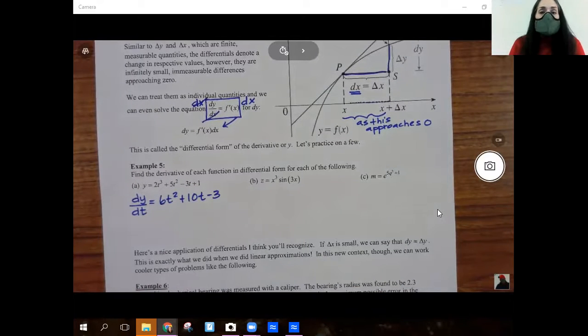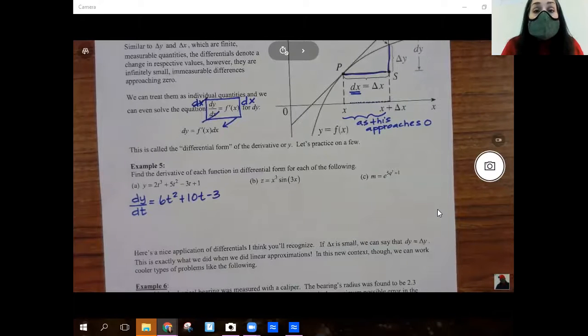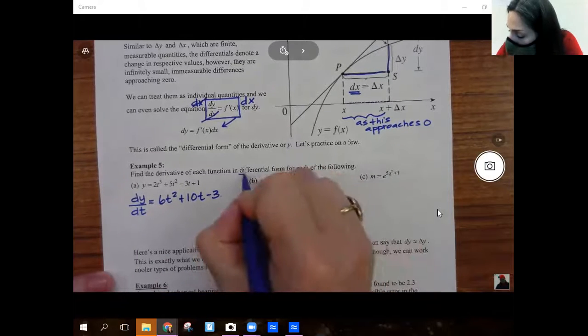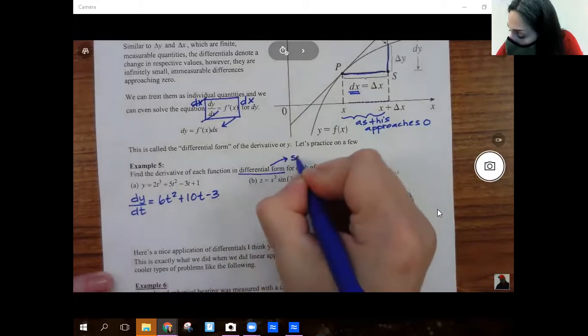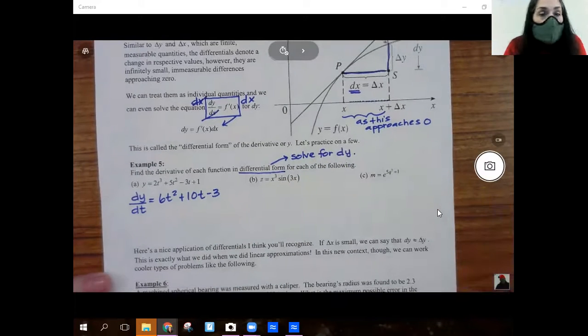Now, right now, this is a derivative like you're used to. Nothing's changed here. We're going to write this as a differential. Okay? Differential form means that you solve for dy.